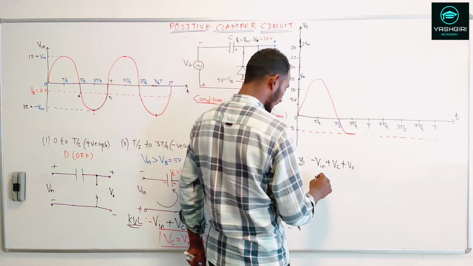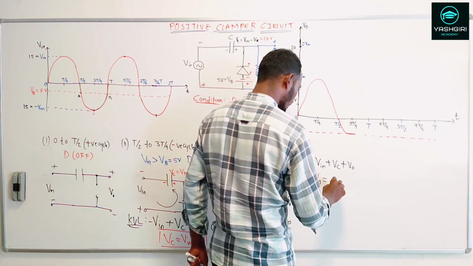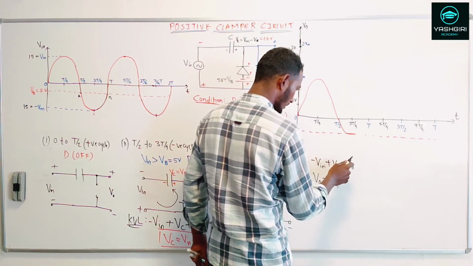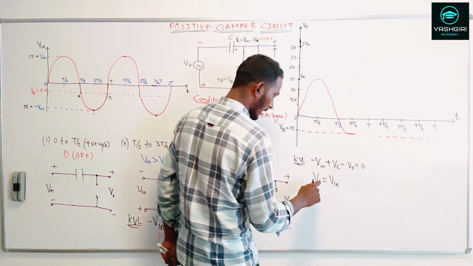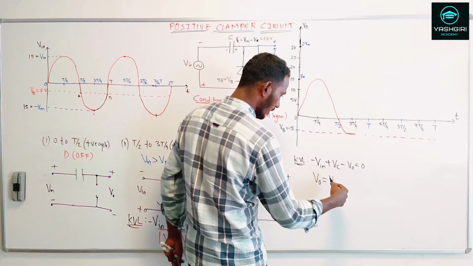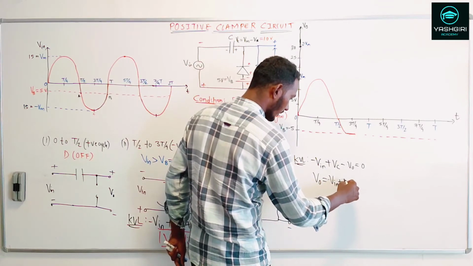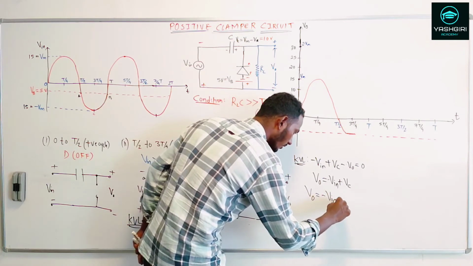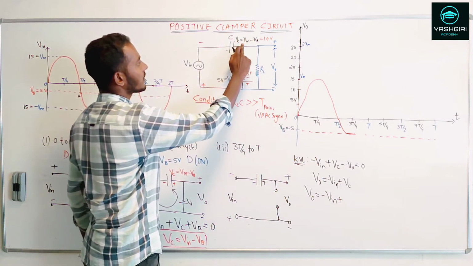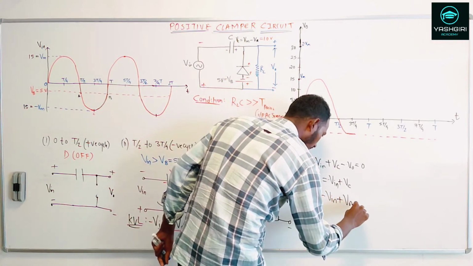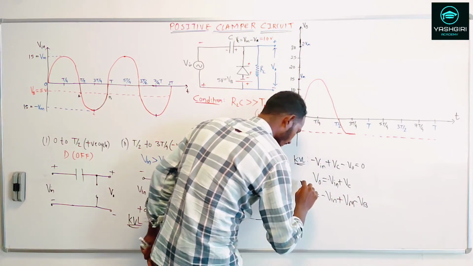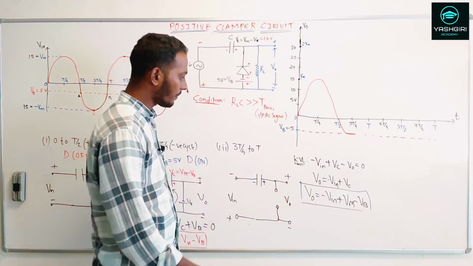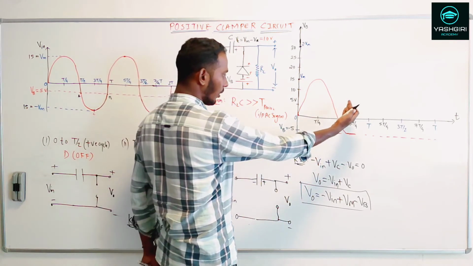So minus V in plus VC minus V out is equal to 0, and V out will be equal to minus V in plus VC, which I can rewrite as V naught is equal to minus V in plus VC. What is the voltage across the capacitor? It's Vm minus Vb, so that's my Vm minus Vb.